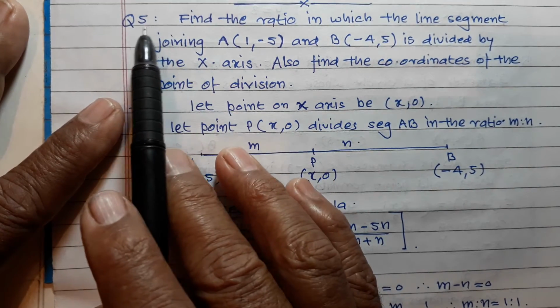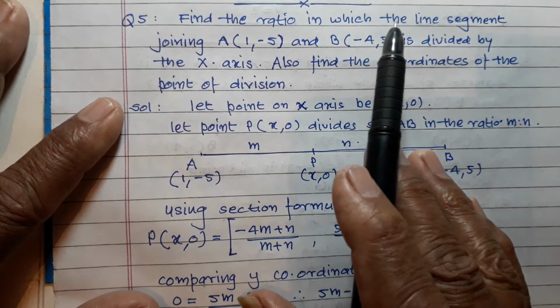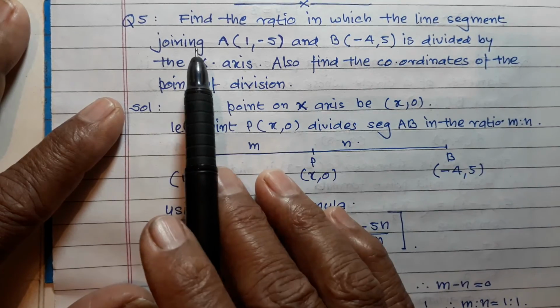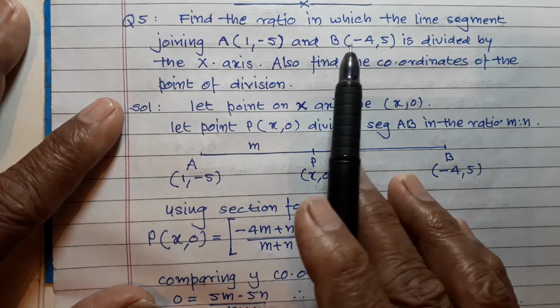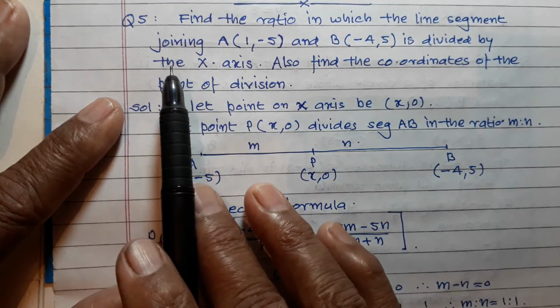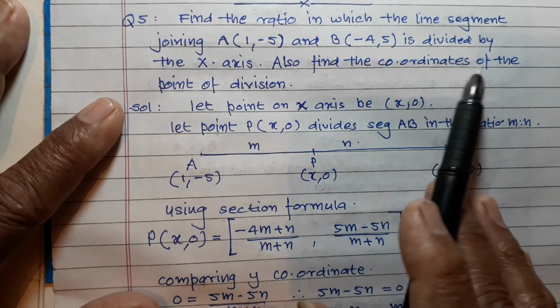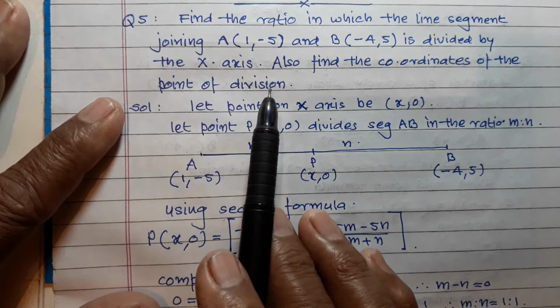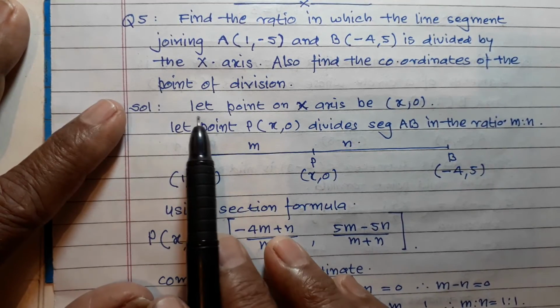Question number 5. Find the ratio in which the line segment joining A (1, -5) and B (-4, 5) is divided by the x-axis. Also find the coordinates of the point of division. Solution.